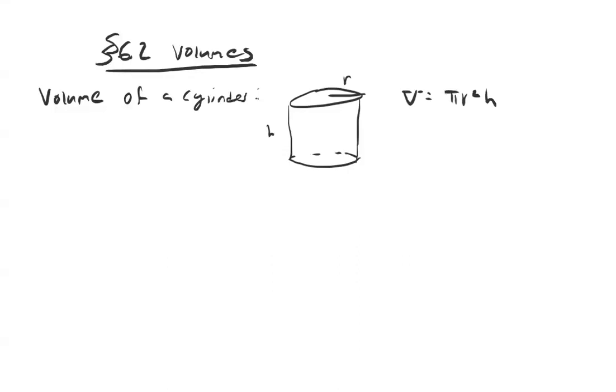Then you go through high school and, up until now, you think, okay, that's a formula I have to memorize. I don't have this formula memorized. I just know how to calculate volumes in an intelligent way. I'm going to show you how to do that now.